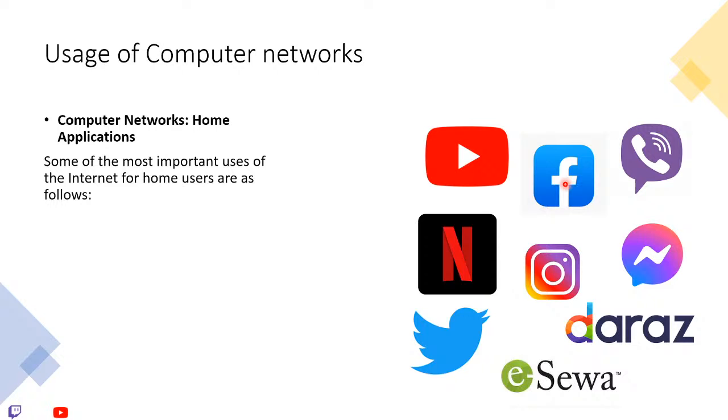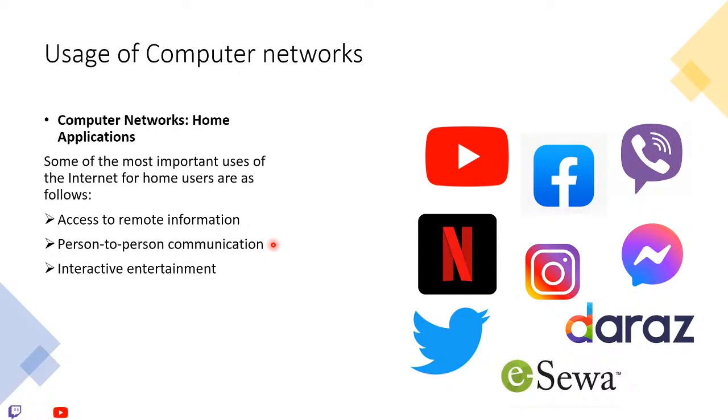This is social media, this is a messaging app, this is Instagram, Netflix for watching videos. So access to remote information, person-to-person communication, interactive entertainment like Netflix, electronic commerce like Daraz, and online payment with eSewa, and mobile users.